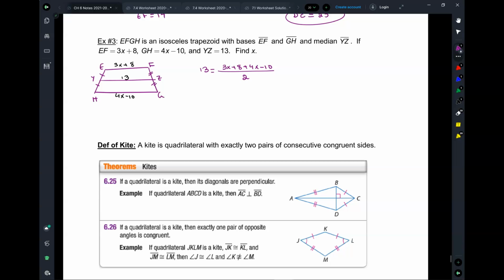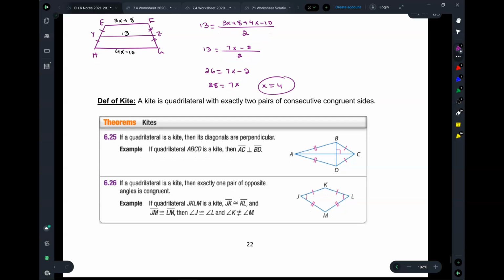All right, so what I get here is 13 is equal to 7x minus 2 over 2. Multiply both sides by 2. I get 26 is equal to 7x minus 2. 28 is 7x. X is 4. And there we have it. Okay, next.